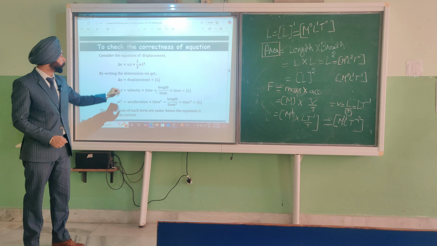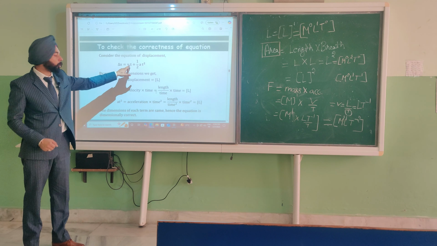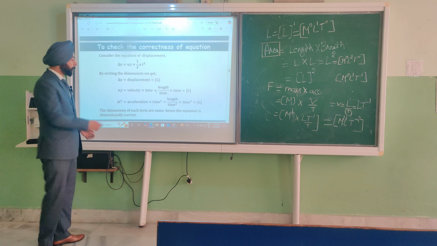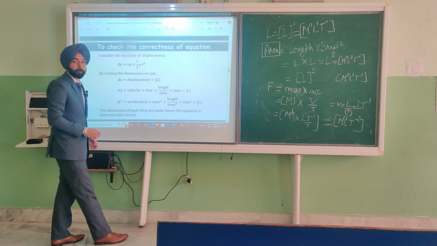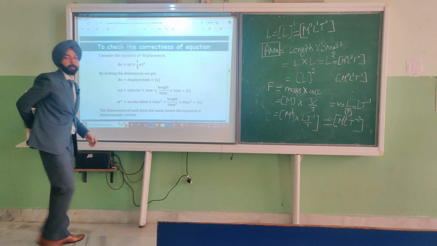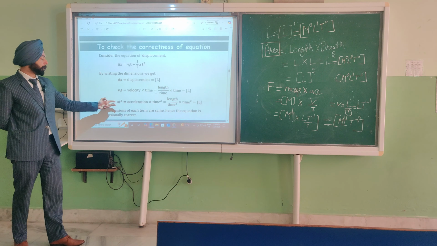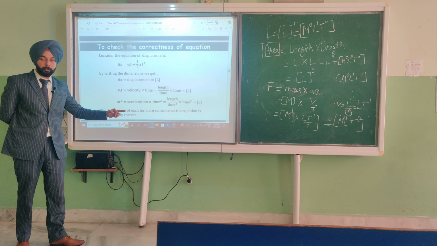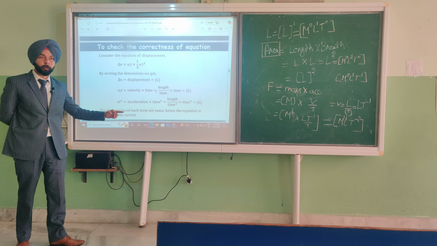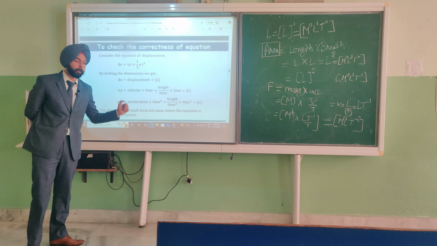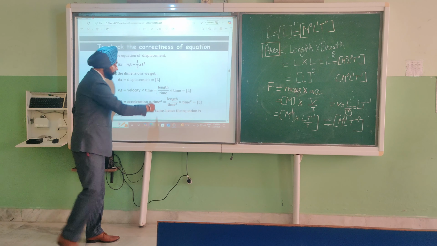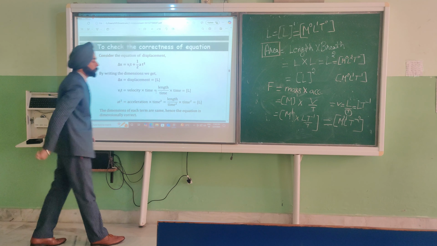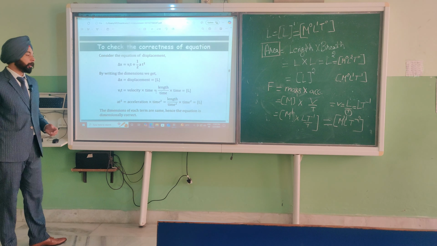L. Velocity into time: u t or v i t, the formula is velocity L upon T. Time cancels time, so L remains. Now acceleration a t square: acceleration is length upon time square, into time square; time square cancels out, so again L remains.